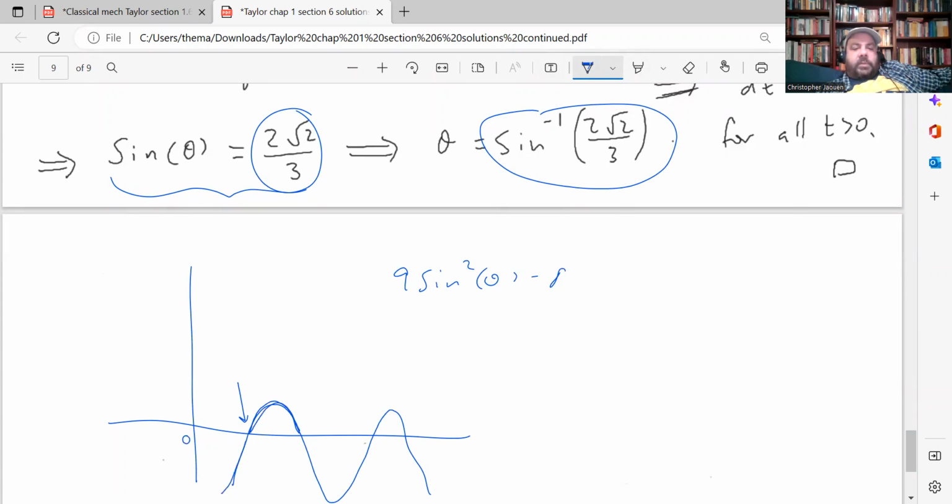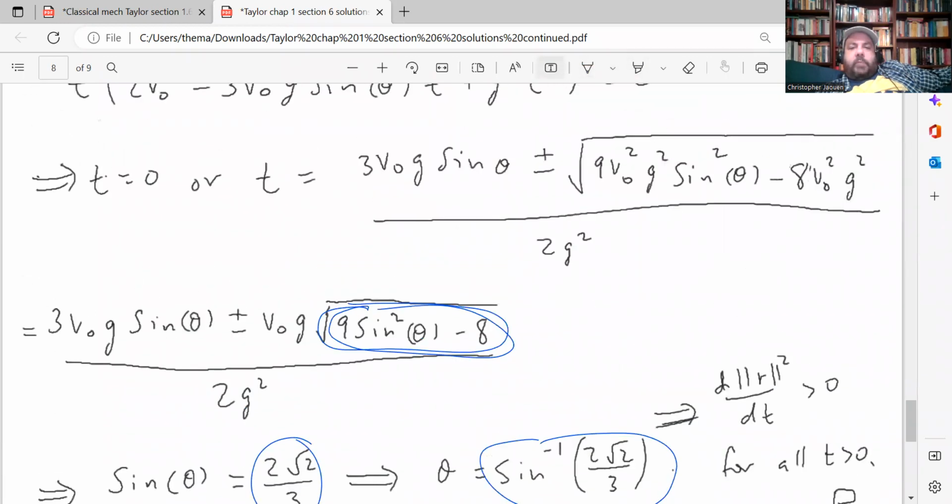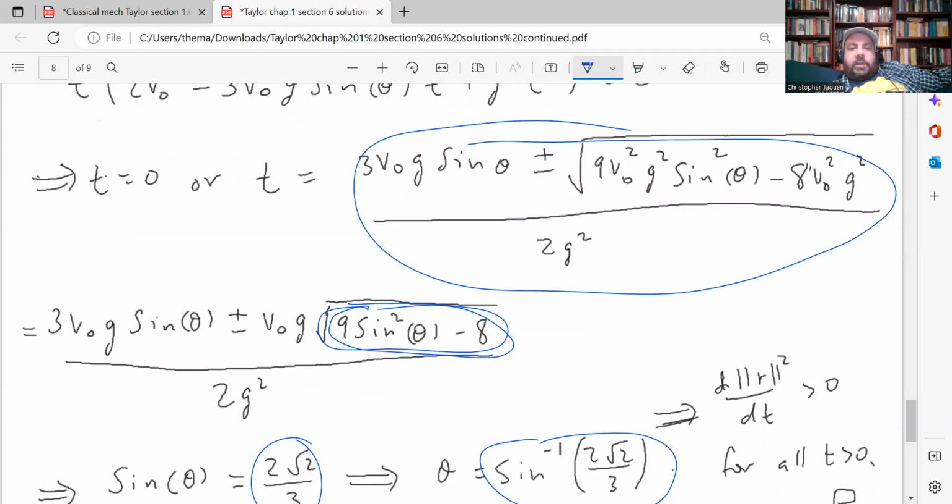So this would be from theta equals 0 to theta equals the arc sine of 2 root 2 over 3, which is approximately 70.5 degrees. Not exactly, but approximately. So as long as theta lies in this range, you won't get real roots for this expression.